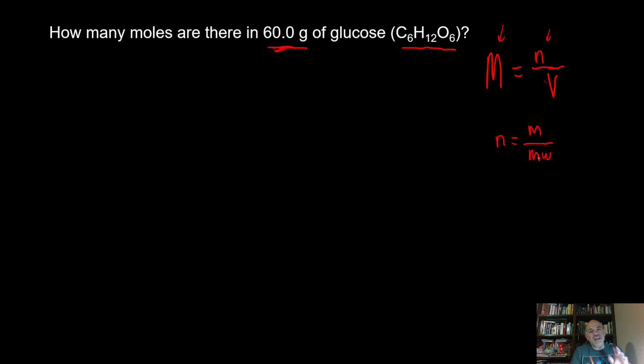We just finished learning how to calculate molecular weight in the prior slide, right? A lot of times I'll give you the molecular weight. If I didn't, like in this problem, you would need the periodic table to figure that out. It's going to be the same thing. In glucose, you have to look at the subscripts.